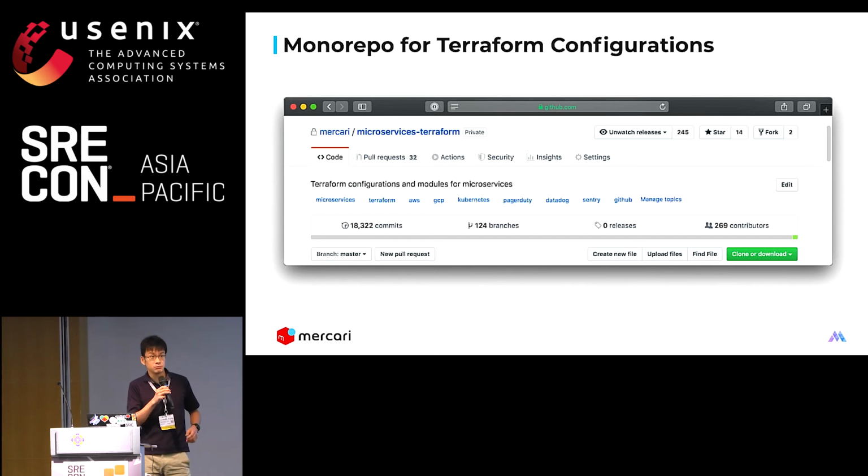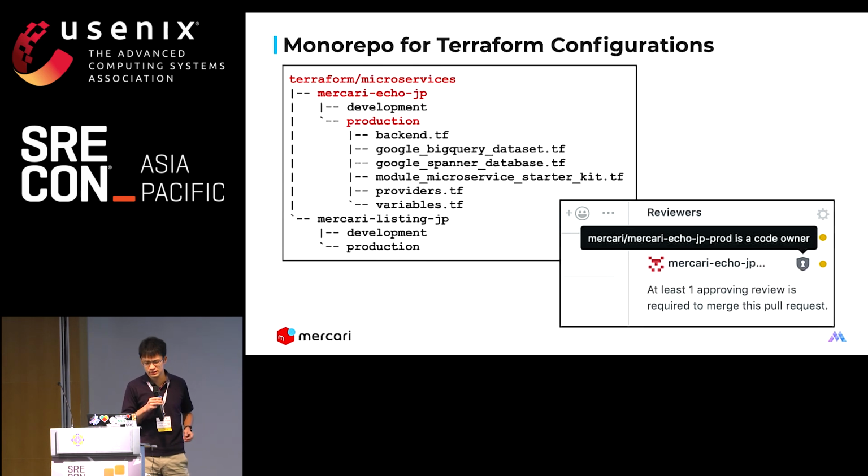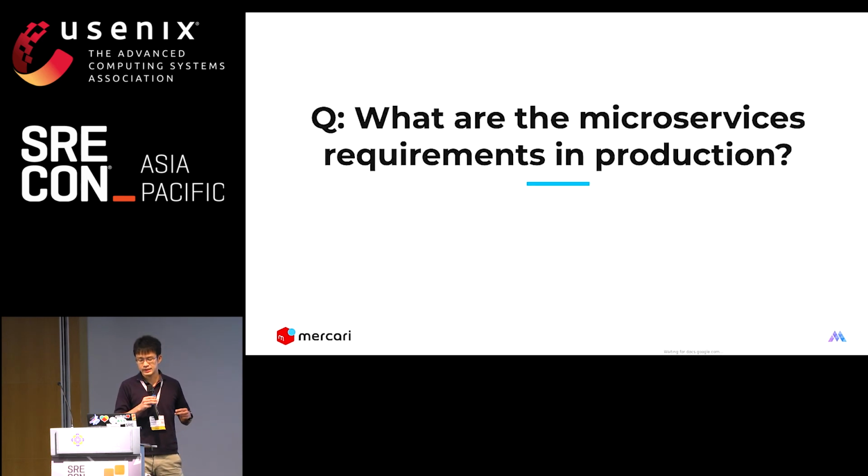We are using a mono-repo strategy to reduce the cost of setting up CI/CD and apply common policies. The platform team manages the CI/CD scripts and provides common Terraform modules. And microservice teams can review and merge by themselves only for changes to their microservices. They don't need to ask the centralized team for review every time.